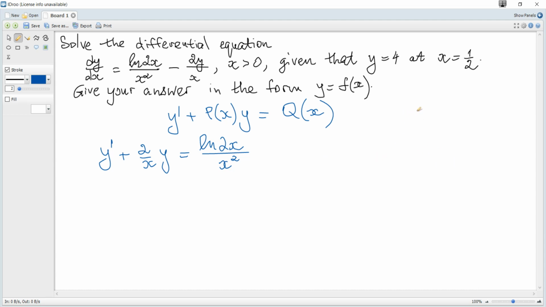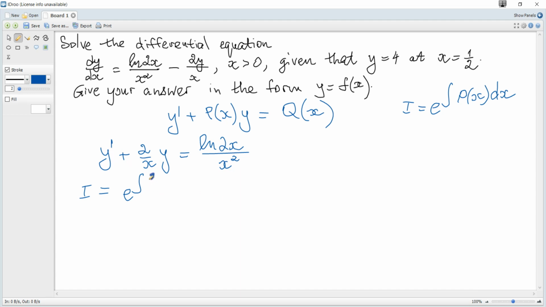Formula is given in a data booklet, and it's e to the power of integral p of x dx. So integrating factor is e to the power of integral of this dx, because it's p of x, of course together with a sign in front.